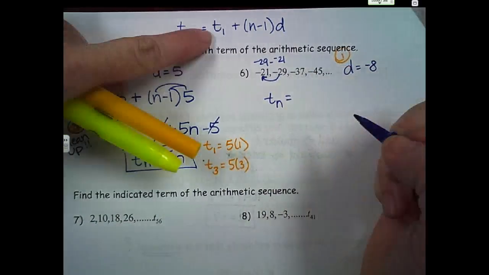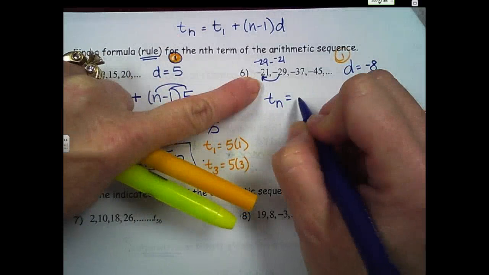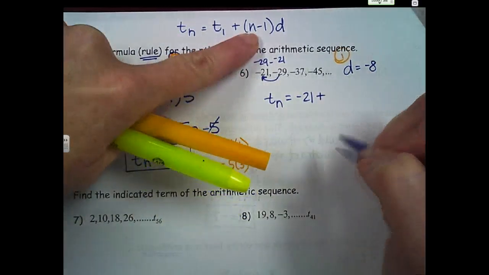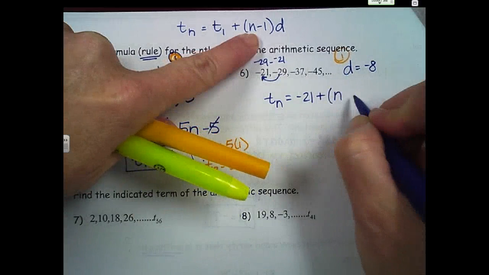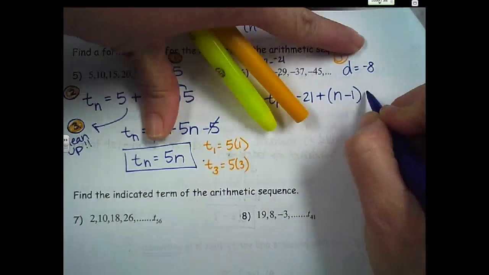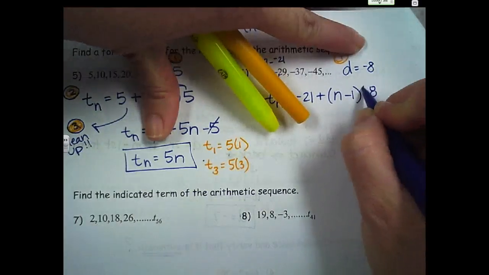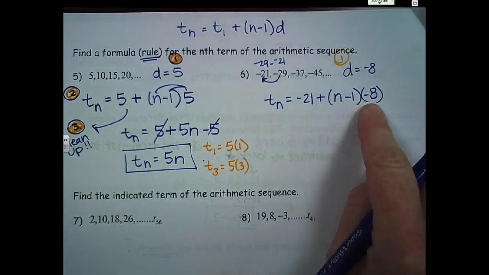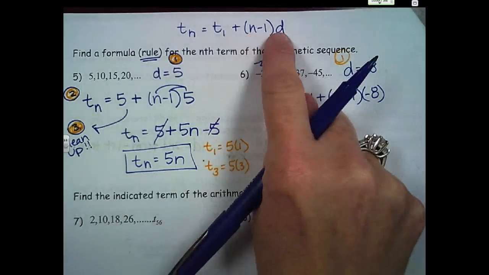Equals, what's my first number in here? Negative 21 plus, I want to keep n, minus 1 times my common difference. Now be careful. And that's minus, you better put parentheses around it so you don't actually think it's subtract, right? The rule stands for n minus 1 times d.